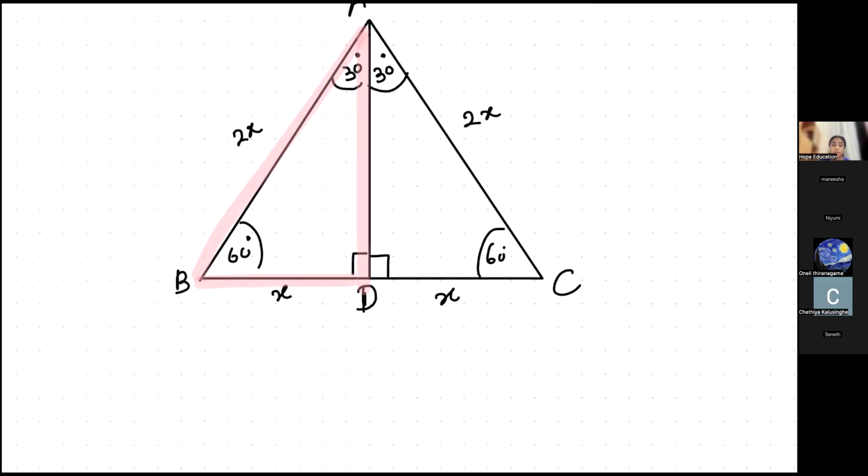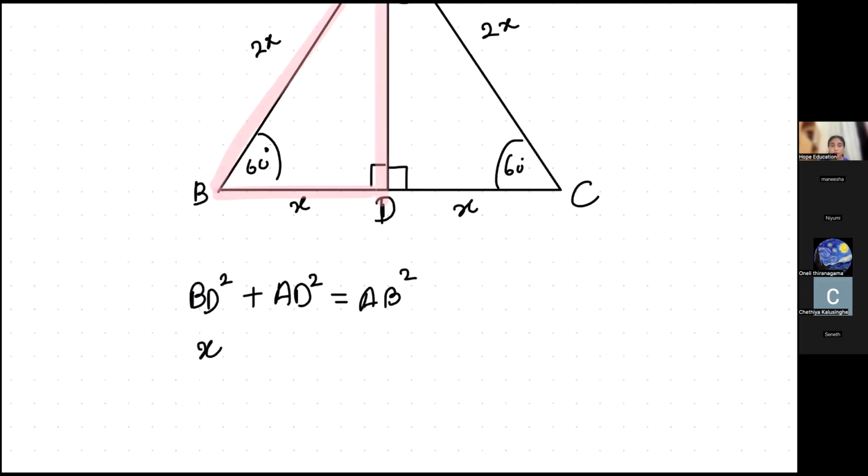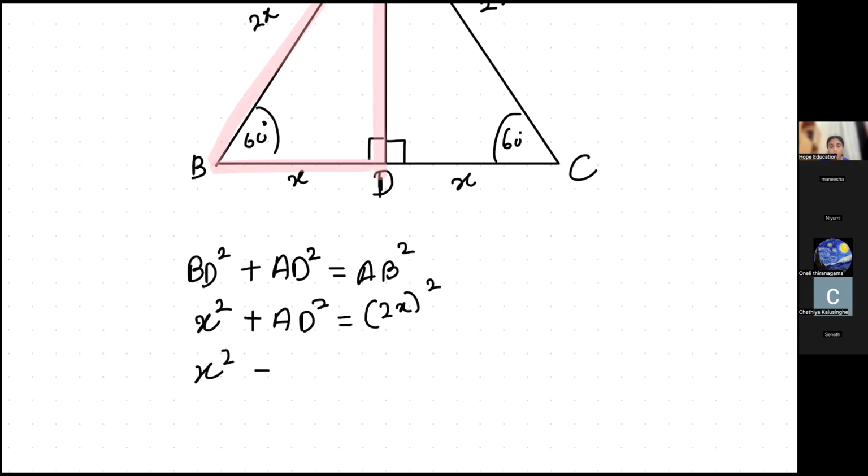Pythagoras here: BD squared plus AD squared equals the hypotenuse AB squared, no? BD is x, so BD squared is x squared. AD we don't know. AB is 2x, so AB squared is 2x squared. So x squared plus AD squared equals 2x squared. 2 squared is 4, x squared is x squared.